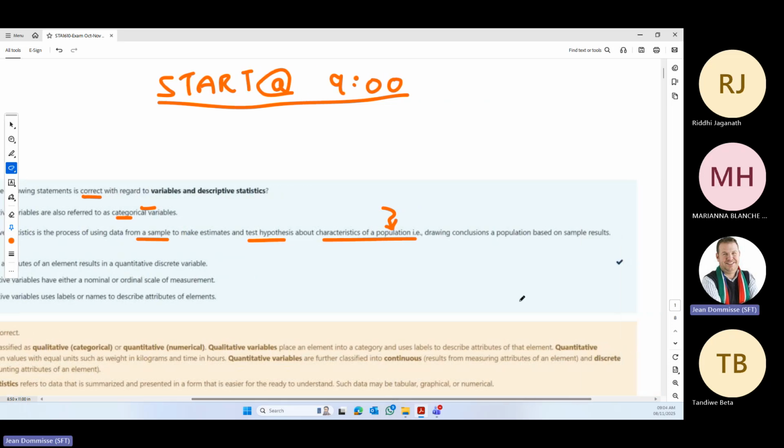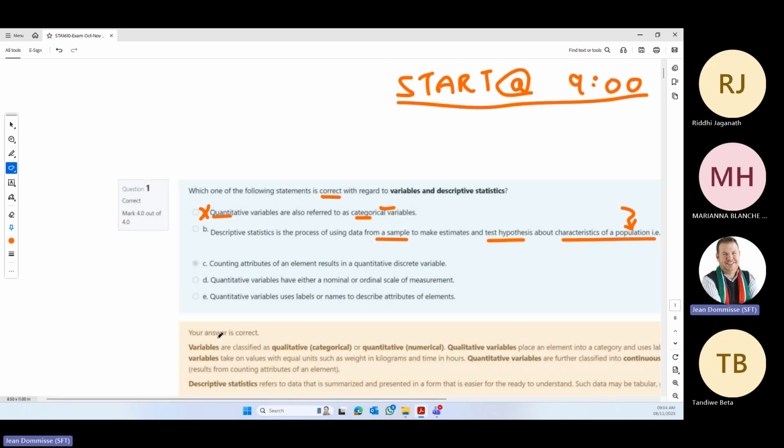And when you're drawing conclusions about a population based on sample results, okay, you are drawing conclusions from a sample. So that part is correct, but you're basically checking the characteristics of the sample. Counting attributes. So then we go into quantitative.